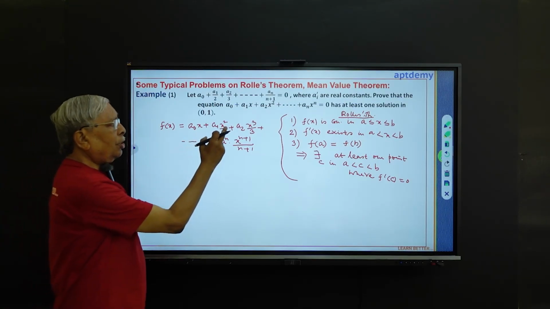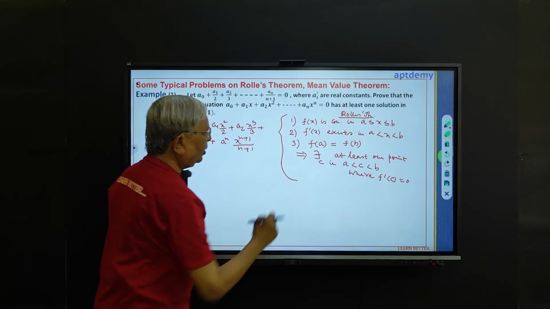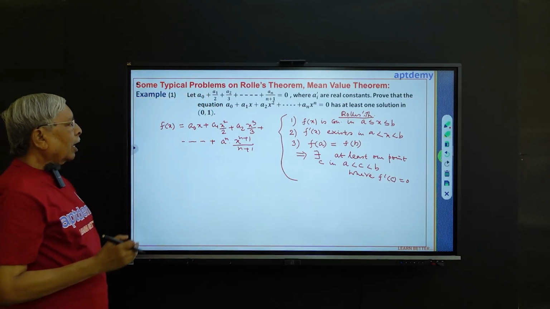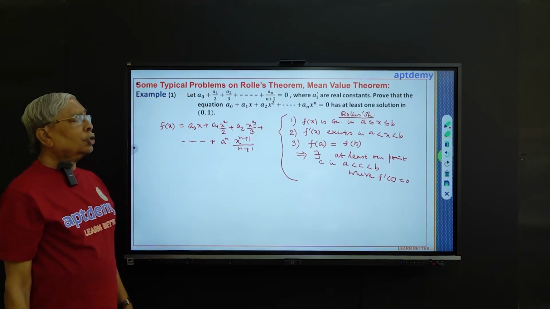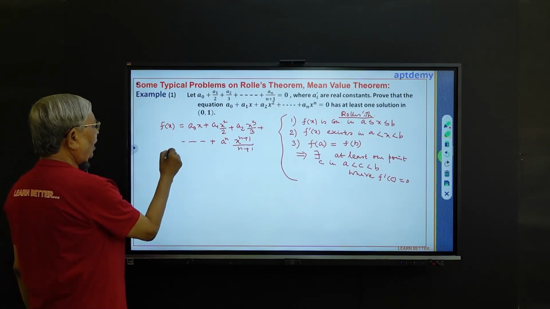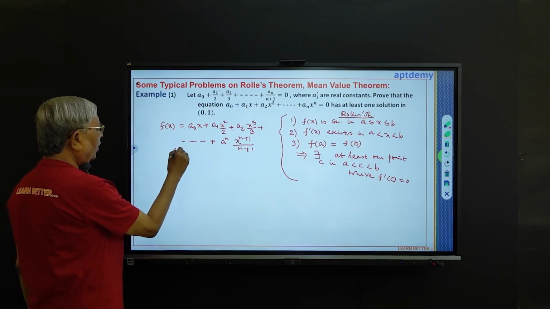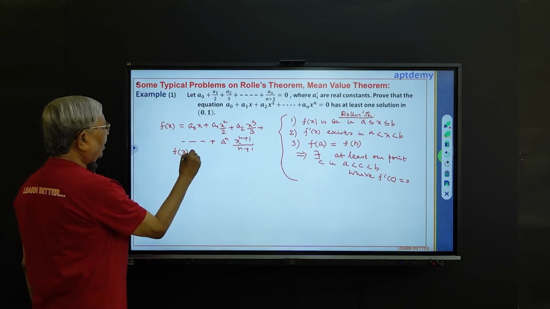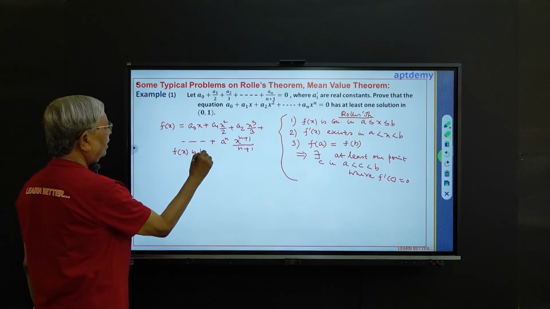The first condition should be satisfied first. Because f(x) is a polynomial in x, it is continuous in the closed interval.